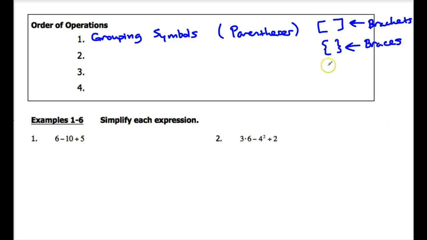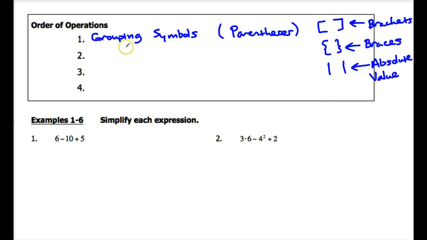You actually might even see in some problems grouping symbols that look like this, just 2 straight up and down bars. And if you remember this at all from 5th or 6th grade, those are called absolute value bars. You probably won't see any of those here in this unit, but that's another example of grouping symbols. So anything inside grouping symbols, we always do that first before we do anything else.